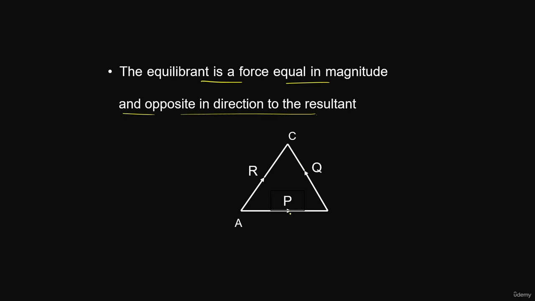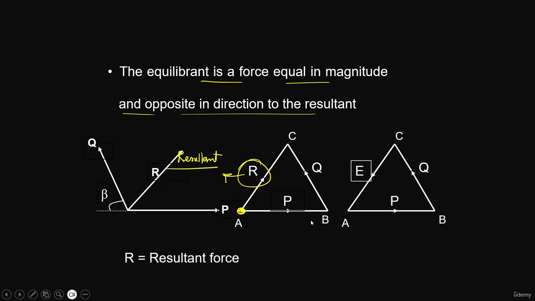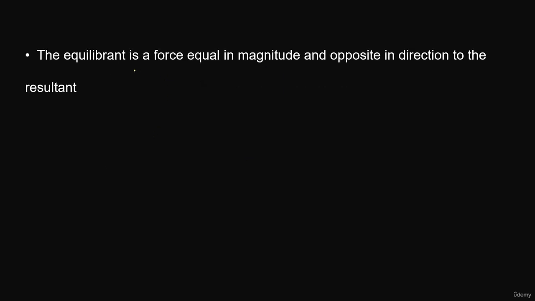So you can see here the triangle is formed by the vectors P, Q and R. But here the R seems to be originating at the tail of P and terminating at the head of Q. Then this is regarded as the resultant. And in the same way, if we reverse the direction of R, then this E is regarded as the equilibriant force. When it is added to the system, it comes to rest. So the equilibriant is a force equal in magnitude and opposite in direction to that of the resultant.